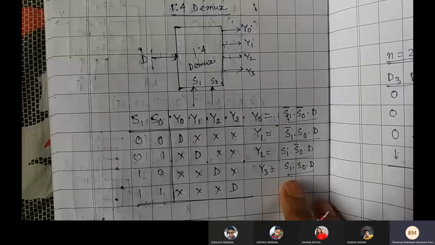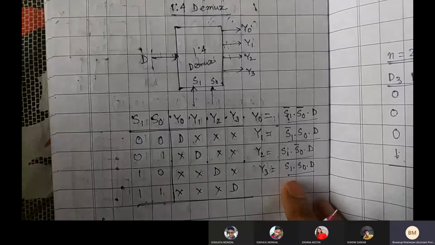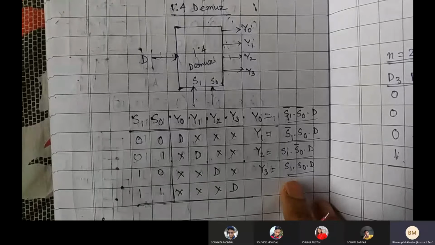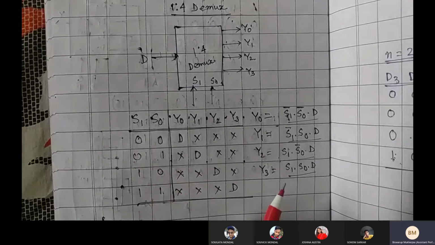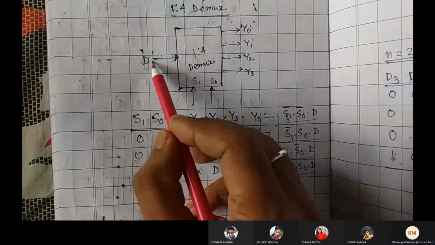A 1:4 demultiplexer has 1 input and 4 outputs, and there will be 2 select inputs. Accordingly you will have different select line inputs, and one of the outputs will get the data value.